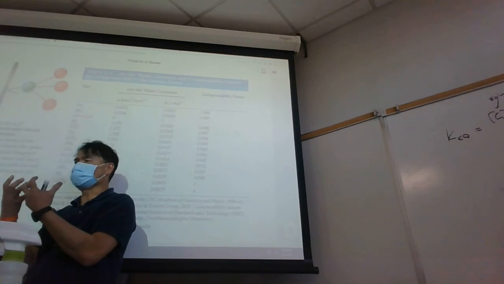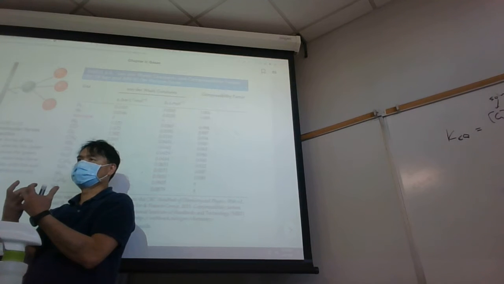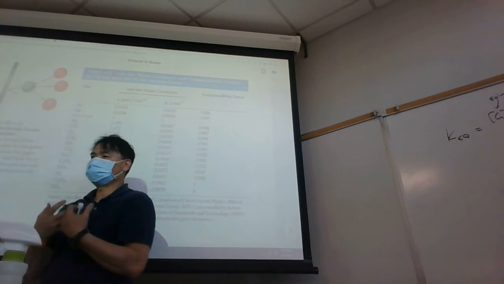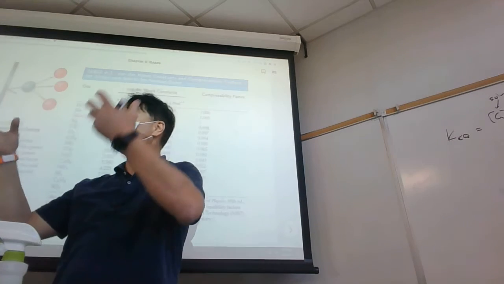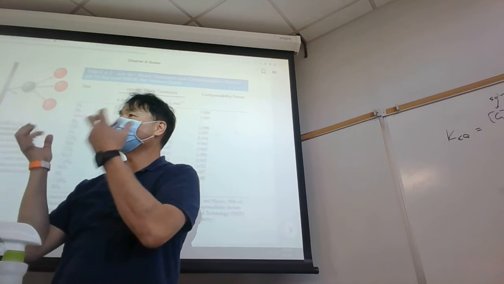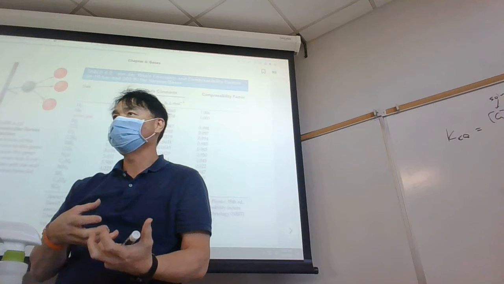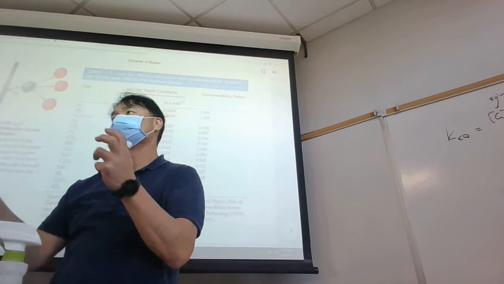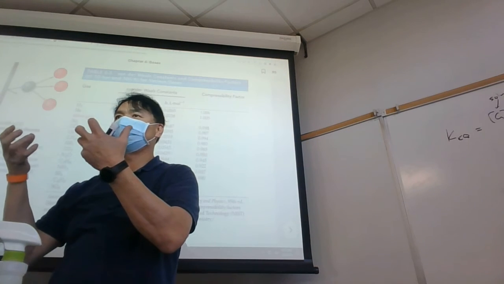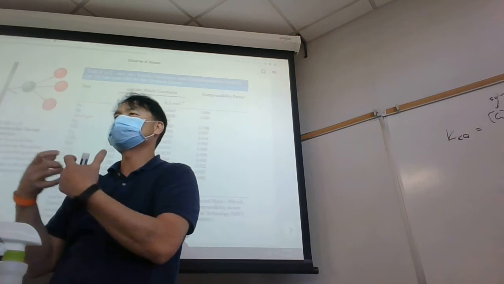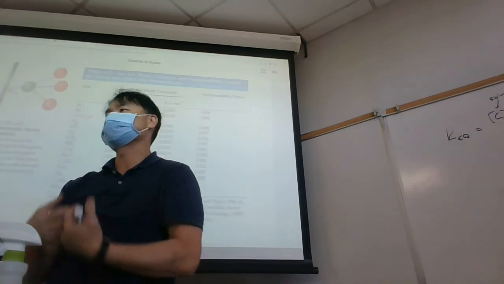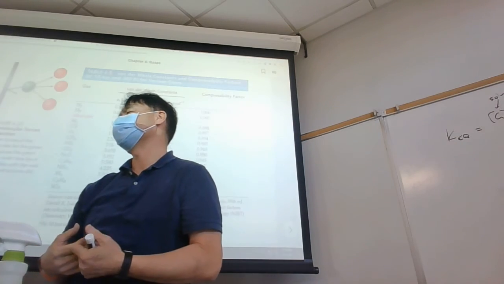Some particles are kind of sticky, like steam. Steam is not a very ideal gas, because if you cool it down, at 100 degrees C all the molecules are going to stick together and condense into a liquid. So that's not an ideal gas.